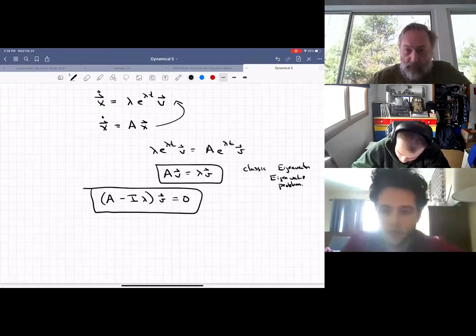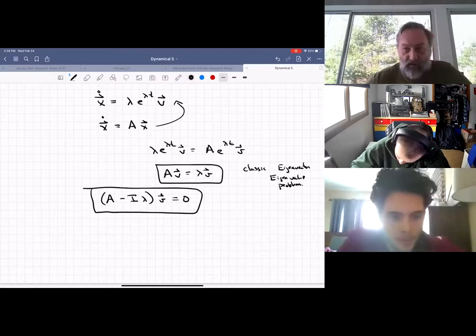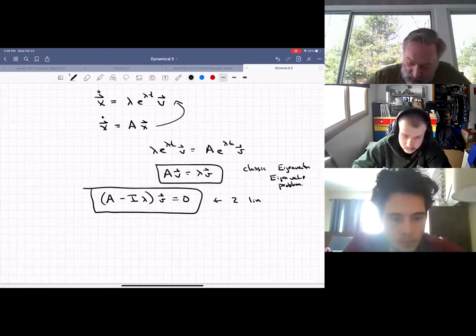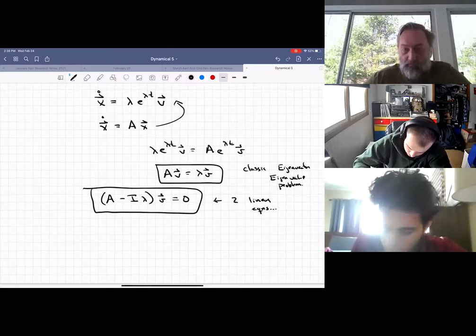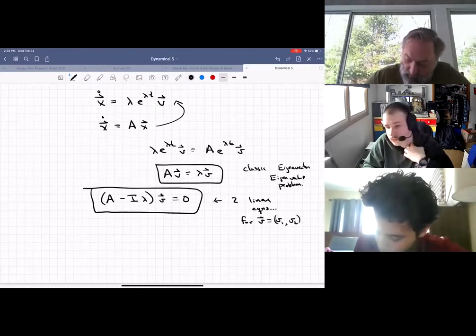Now, the key thing to understand in the eigenvector eigenvalue problem is that this would represent two linear equations for the components of V, so V might be V1, V2.